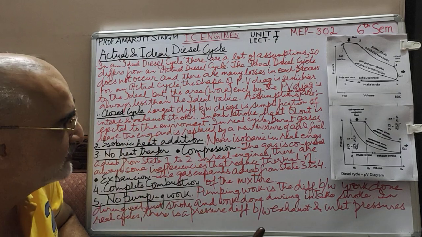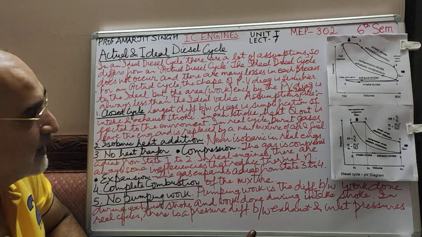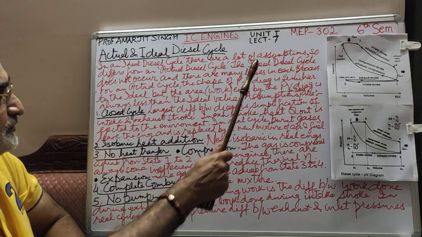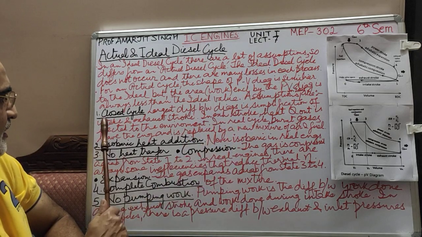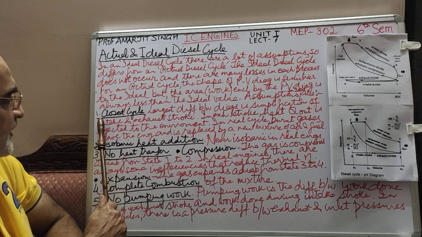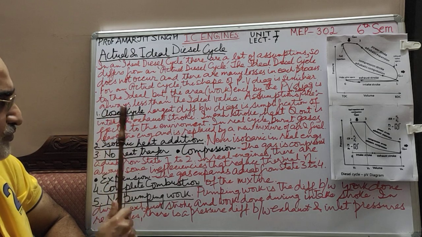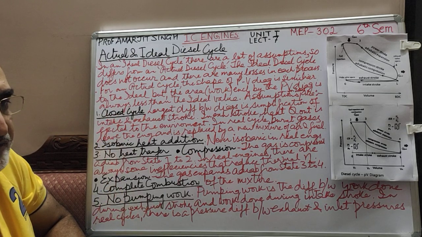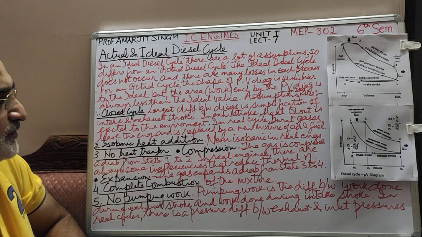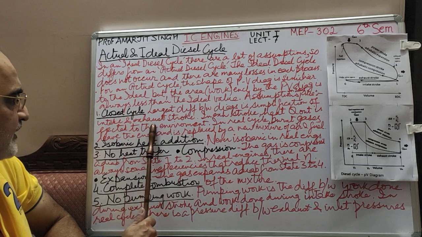The assumptions for the ideal cycle, what are those assumptions? First of all, the ideal cycle is closed. In fact the largest difference between the diagrams is the simplification of the intake and exhaust stroke.